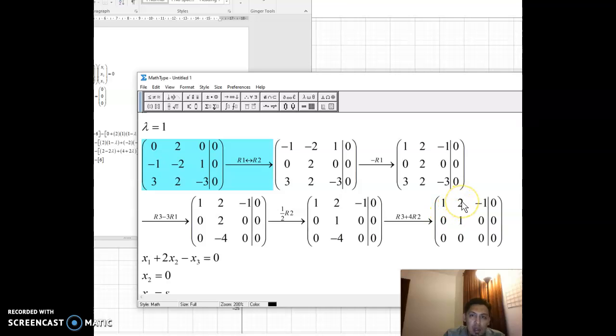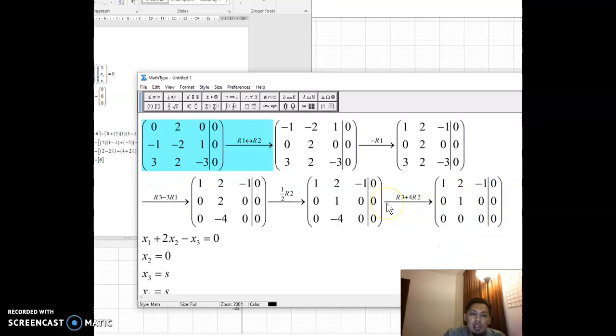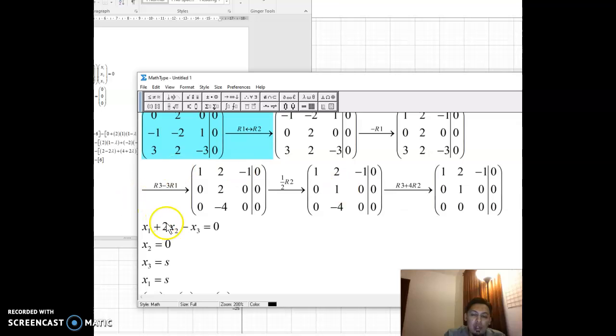So you can try to do it, and you'll see that after I solve it like this, I change it back into linear equation. So I have x1 plus x2 and negative x3. I just copy it back like this. And for the second row here, I have x2 equal to 0. But then I don't have x3, right?